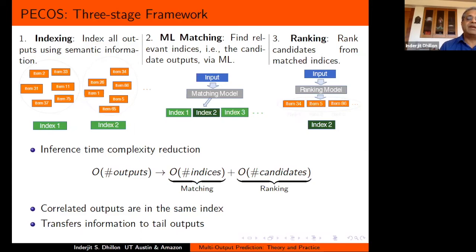And then it'll become linear in the number of clusters rather than linear in the number of outputs. Okay? And then finally, we need to do a ranking. So we are able to drastically reduce the complexity. And by using a particular technique, we can actually get the inference time down to logarithmic in the number of labels.